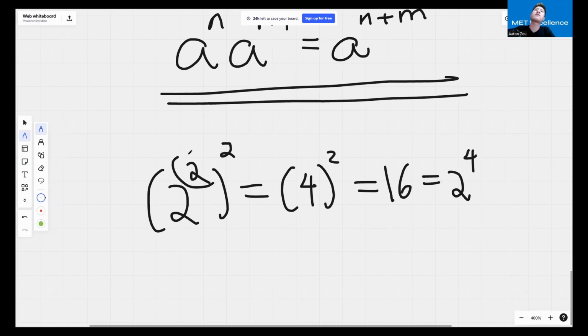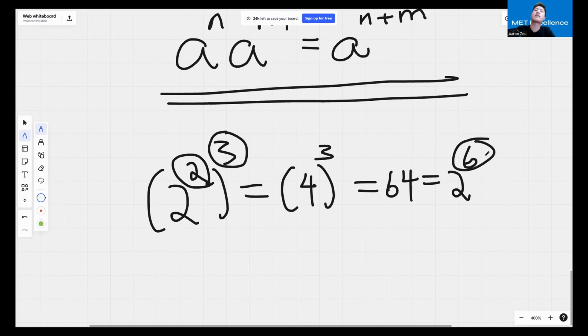So what do you guys notice? Oh, this is kind of a bad example. All right, let's change this top one to a 3. Then this will be 4 to the 3rd power, and this is 64. And then 64 is 2 to the 6. So what do you guys notice now?